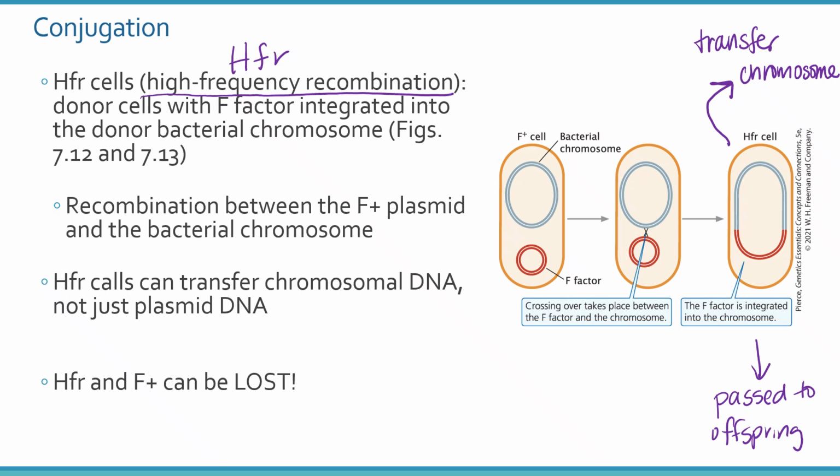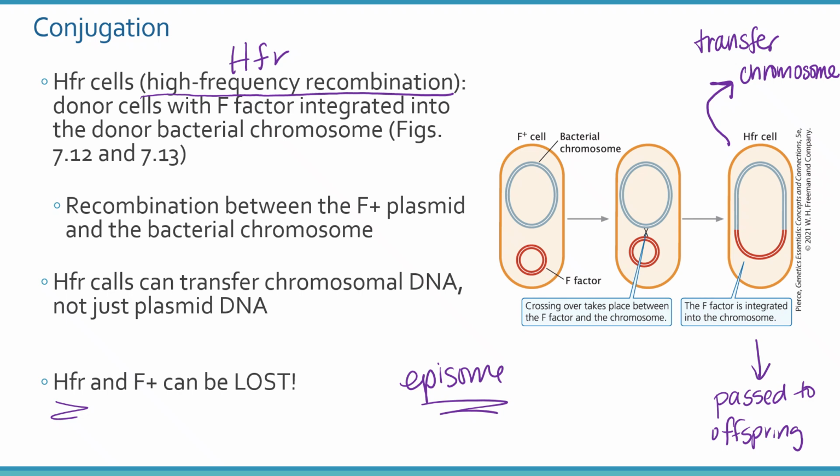Our textbook doesn't go into too much detail on how the HFR could be lost, but basically it's the same idea. The HFR plasmid can potentially pop in and out. We learned that this is called an episome in our last video. These are plasmids, pieces of DNA that can pop in and out of the genome.